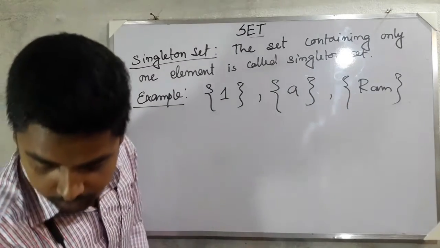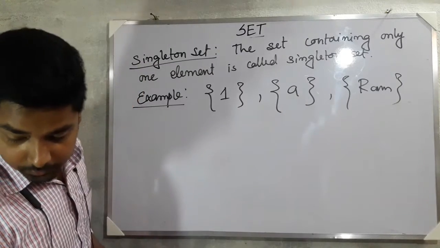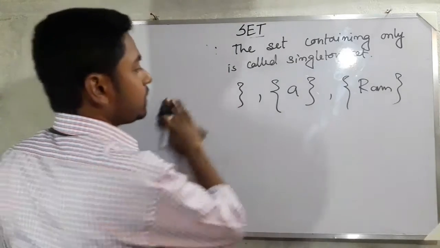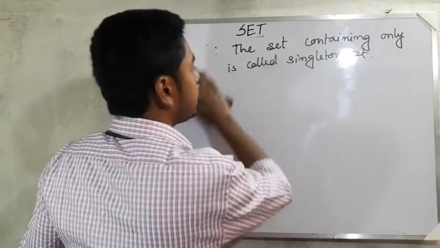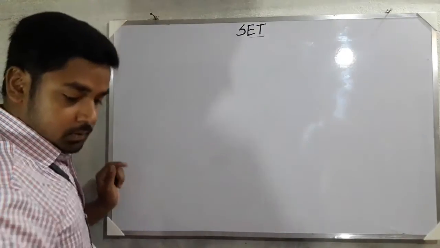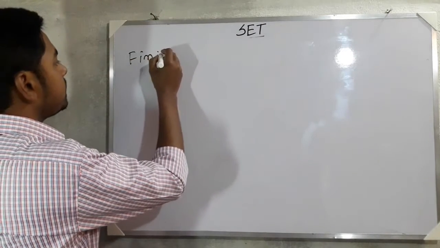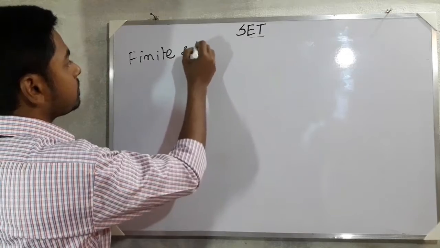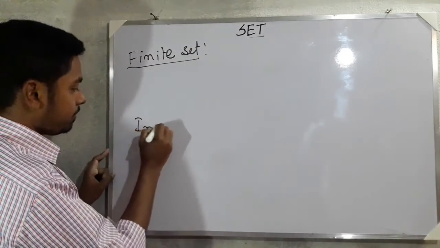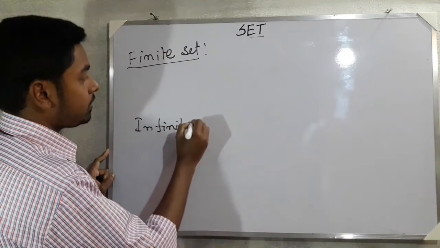Now, finite and infinite sets. Which is finite and which is infinite?